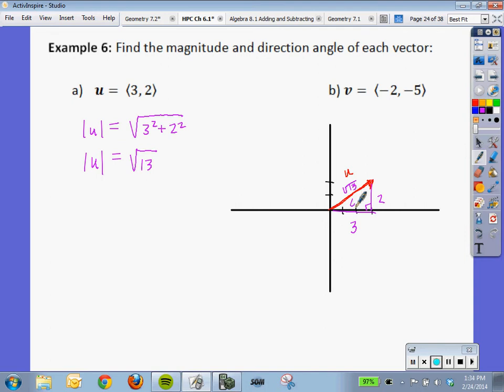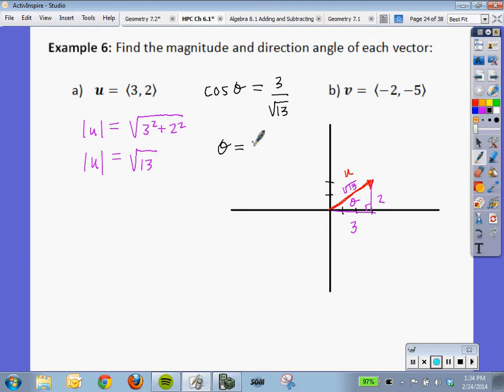Now I want to figure out the angle that's made here. What's the angle? I know that cosine of theta is equal to x over r. And so what I can do from here is use the inverse cosine to figure out what the angle is based off the ratio.